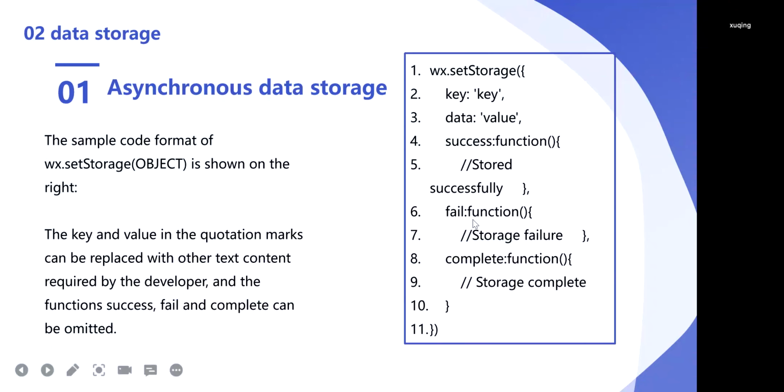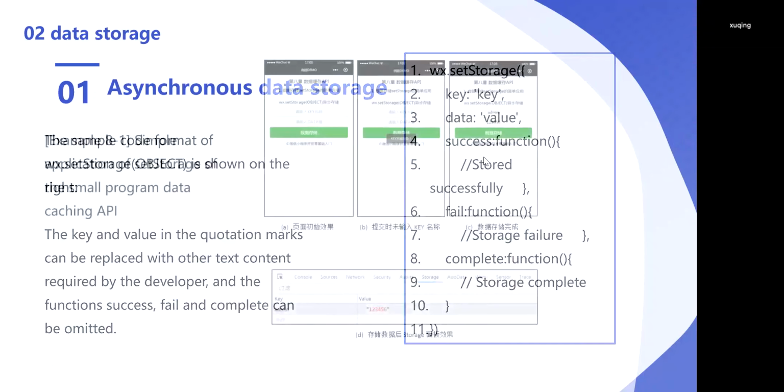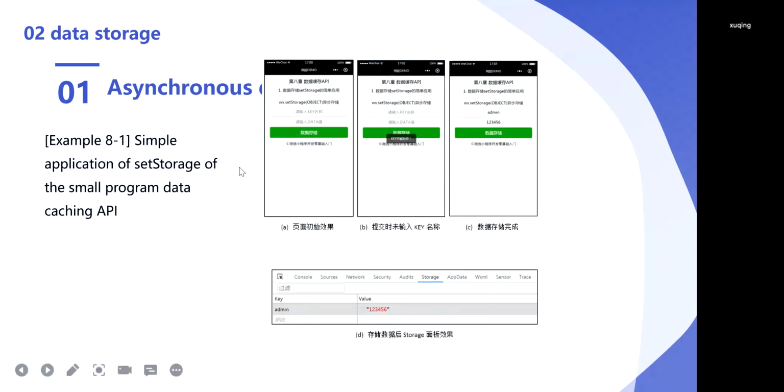They can be omitted, as they are not required in this set storage method. Key and data are essential. Here we have a simple application of set storage of the small program data caching API.